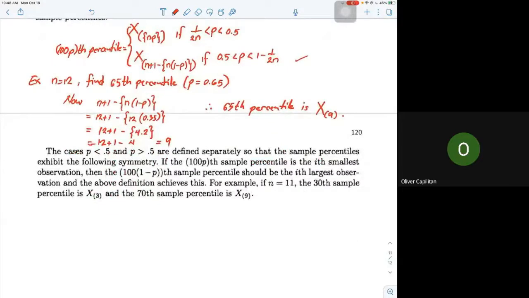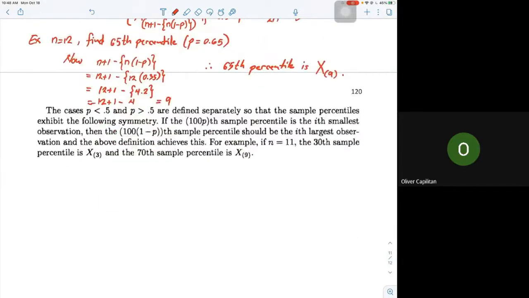We have cases when p is equal to 0.5, less than 0.5, and greater than 0.5. They are defined separately because we have a piecewise function.